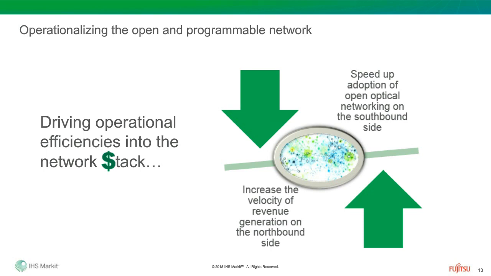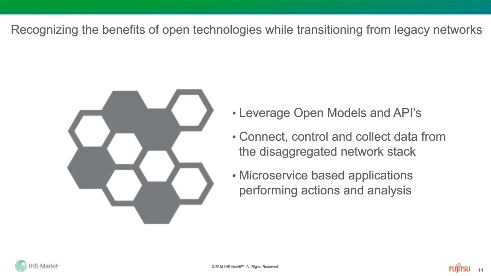Some of the key sub-challenges for network operators within that are how we deploy the open models we're talking about, integrate with APIs, connect control data from the network, and leverage that data with analytics, AI and machine learning to improve network efficiencies.